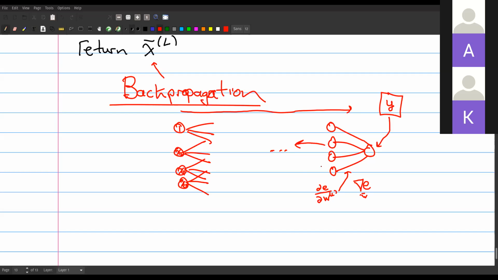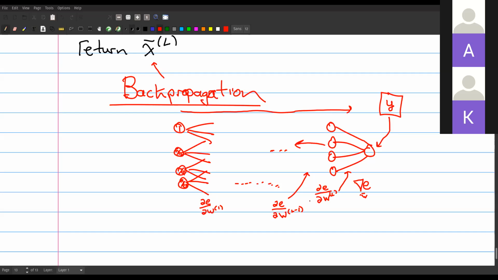First we'll compute that, and then based on that, we'll compute the derivative of the error for this instance with respect to layer L minus 1, and so on, all the way back to the very first layer.